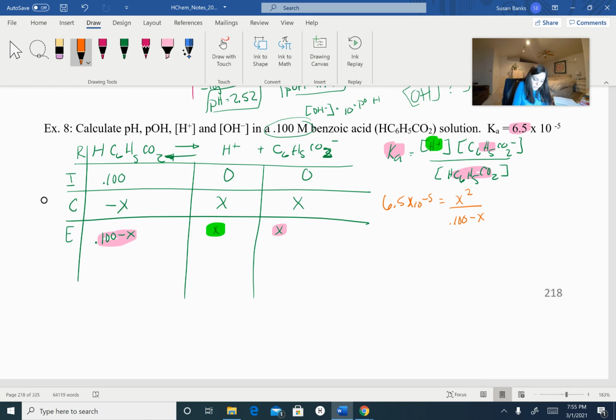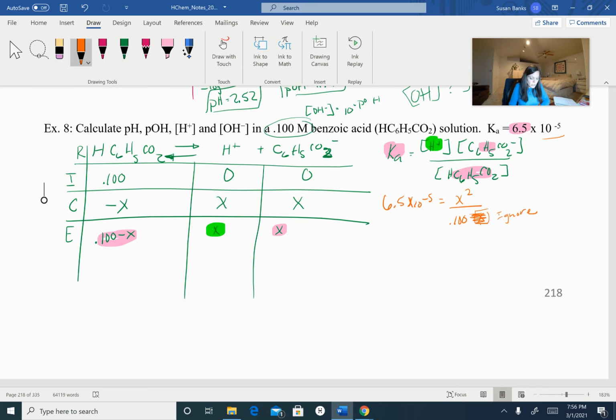Now, as I said before, this is smaller than 10 to the negative 3, so that means I can ignore this X. So it's really going to be 0.100 because I can ignore it.